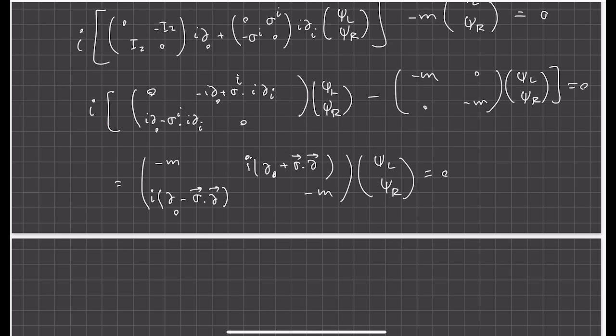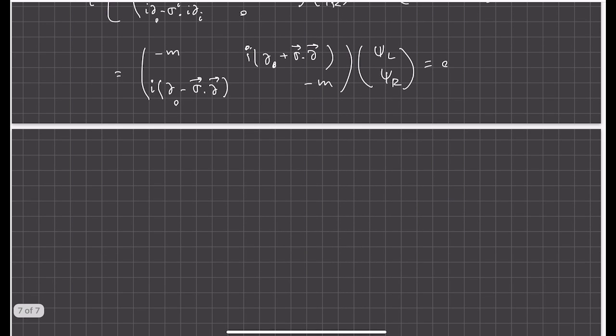And then we're going to get something very interesting, that now we can see that we have two coupled differential equations. So I basically have minus m psi L plus I time derivative of psi R equal to 0.